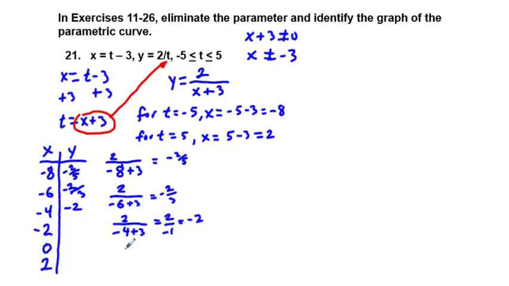And for negative 2, we have 2 over negative 2 plus 3, which equals 2 over 1, which equals 2. So we have 2 here. Just going up to the right here, at 0, we simply have 2 over 0 plus 3, which equals 2/3.